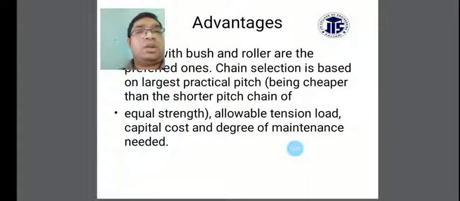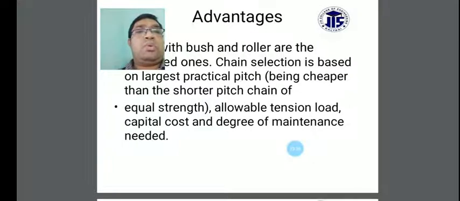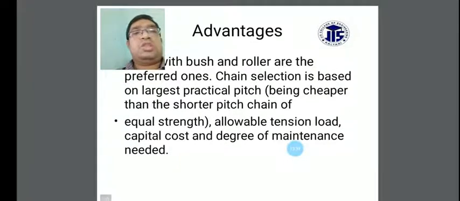You have to concentrate on the allowable tension loads, and the capital cost also has to be considered according to how you transfer your materials and the type of chain conveyor, and this will be different.